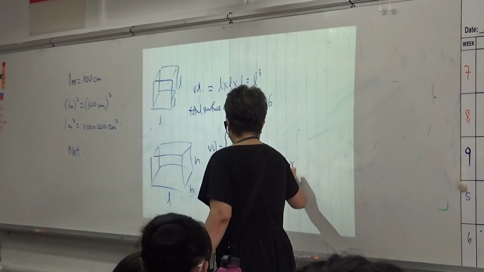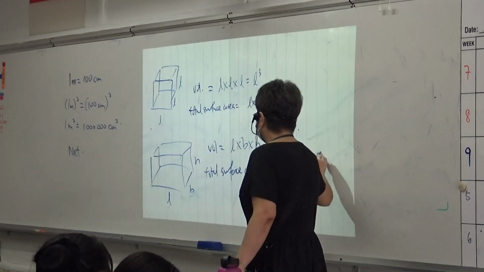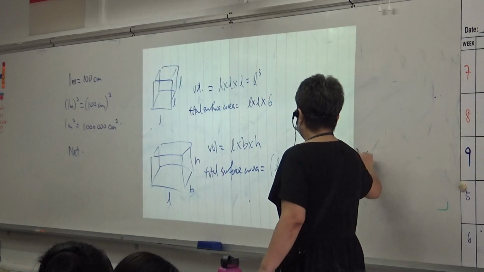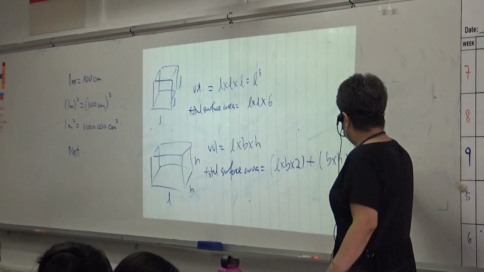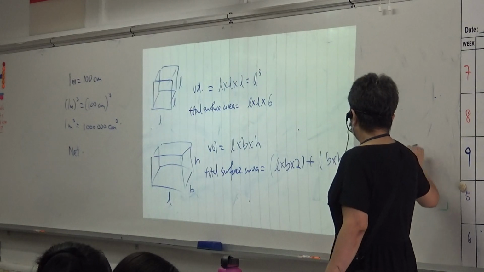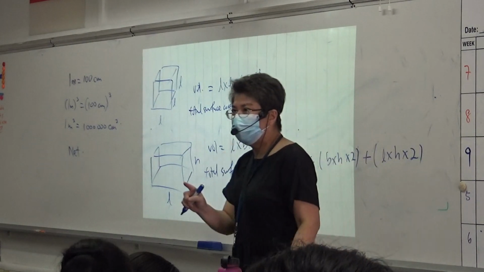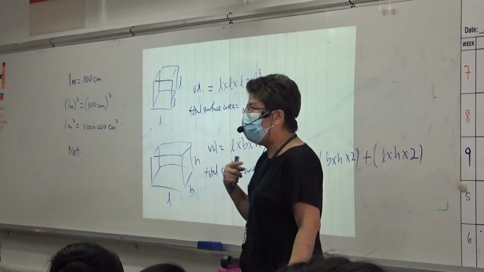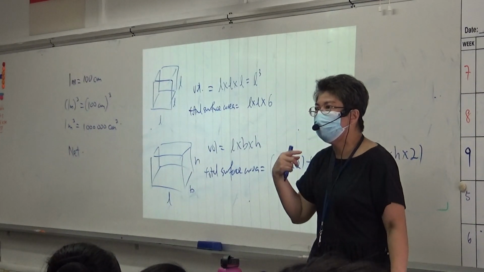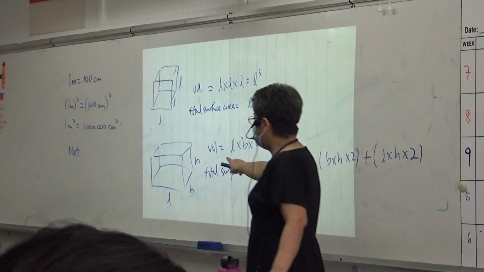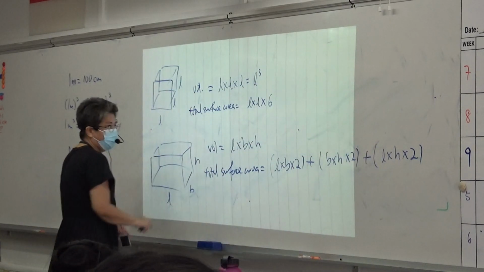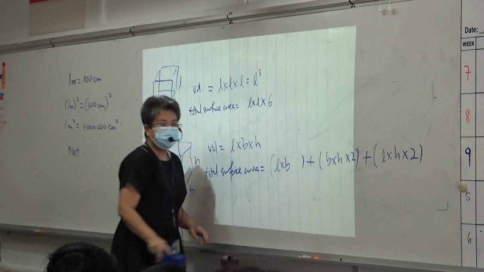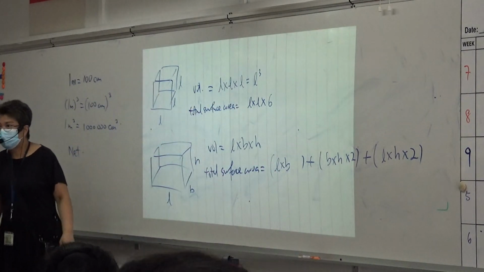Length times breadth times 2 plus breadth times height times 2 plus length times height times 2, right? I told you need top, bottom, side, front, back. Correct? Now, what if I tell you this is an open cuboid? That means don't have top. What will happen? This one will just become what? L times B, L times 2.